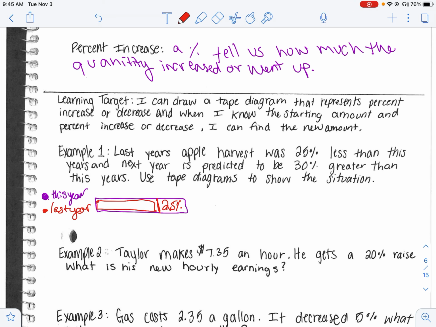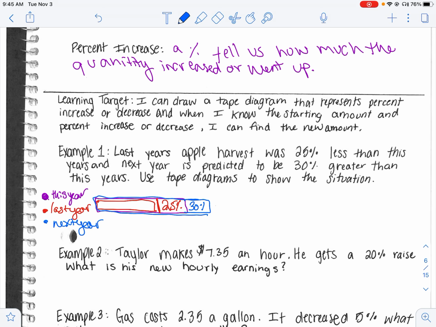And then it says it's predicted that next year's will be 30% greater. So I'm going to have to add 30%. So this is 30%, and this encompasses all of this. So this is next year.